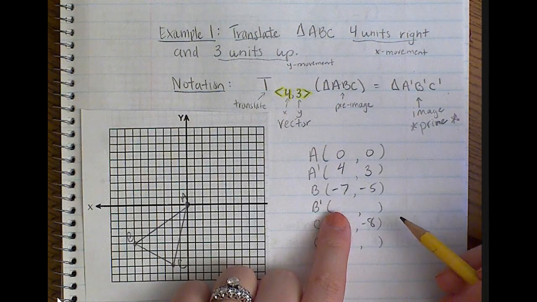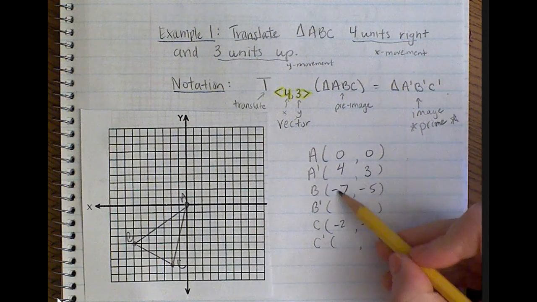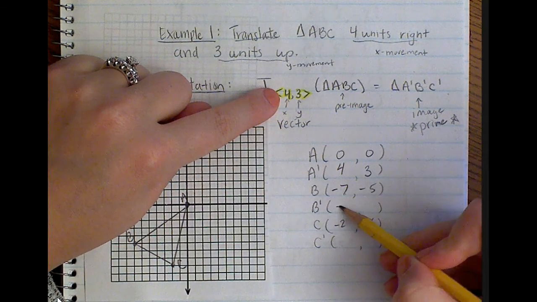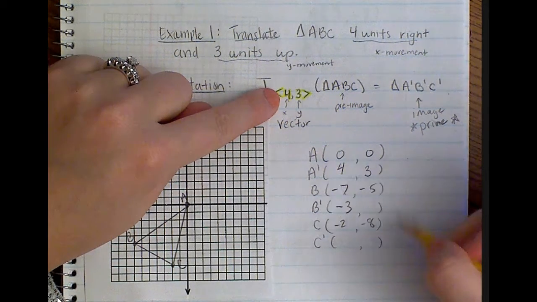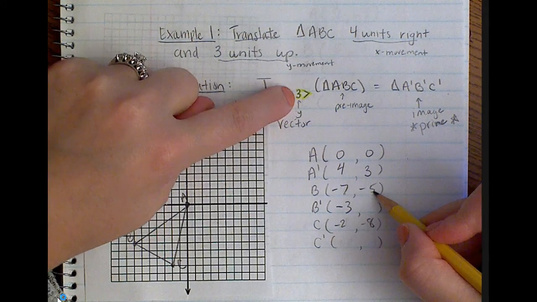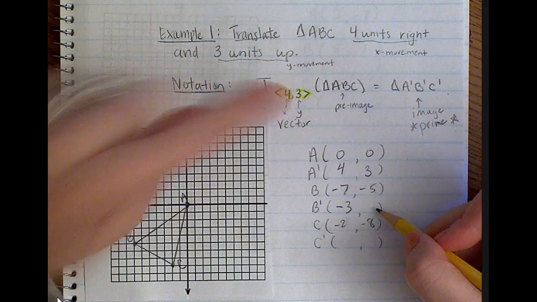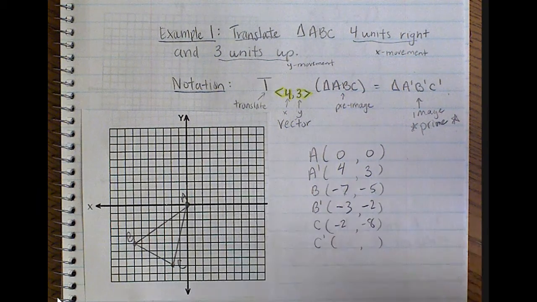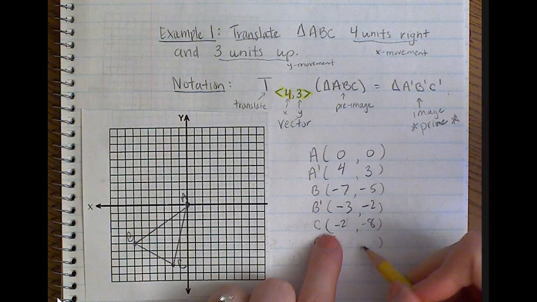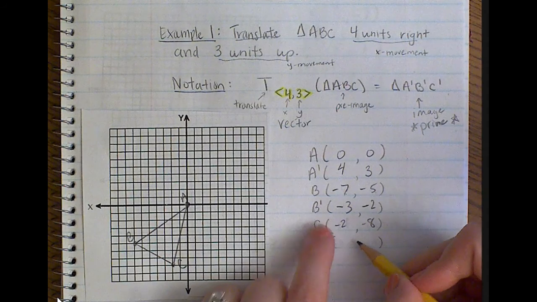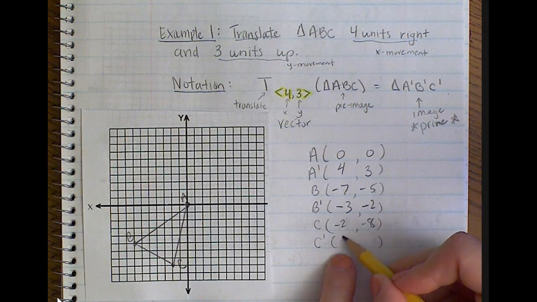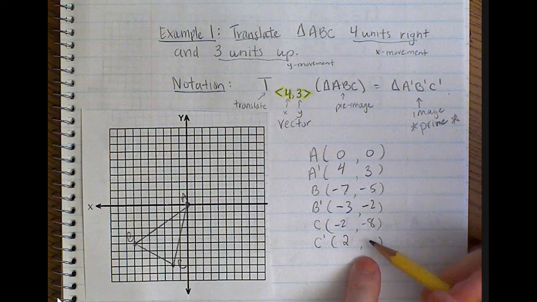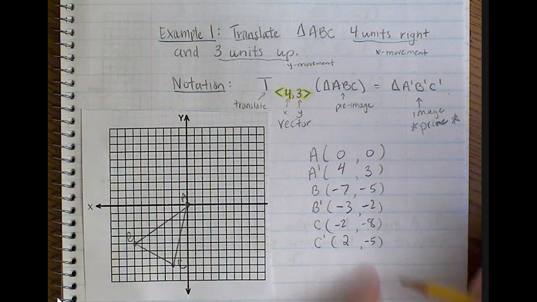I'm going to do the same thing for my coordinates of B. So -7 plus 4 is going to bring me to -3. -5 plus my Y movement of 3 up, so add 3, would be at -2. Again, last one, so -2, adding 4 for my X value would bring me to +2, and then -8, add 3 for my Y value, I would be at -5.